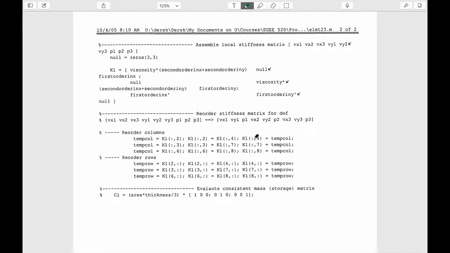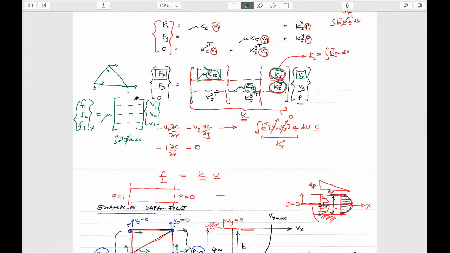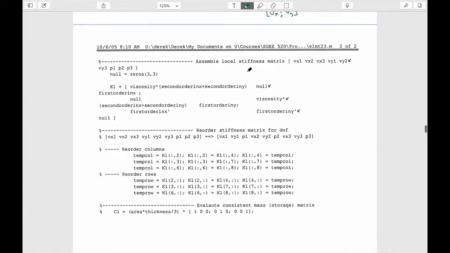Okay. So I can't keep both on the same page at the same time. But now we're going to put together a matrix of matrix equations. And so viscosity multiplied by K2, a null matrix, and K1 with respect to x, I think it is. So if we zoom down here, we're now putting these together.